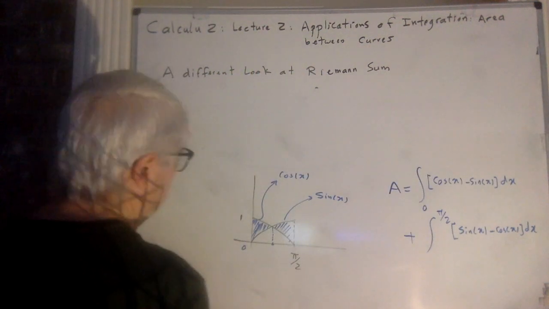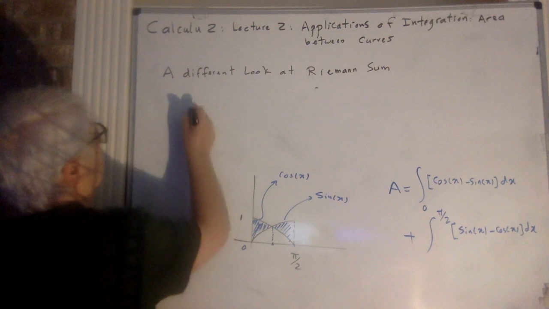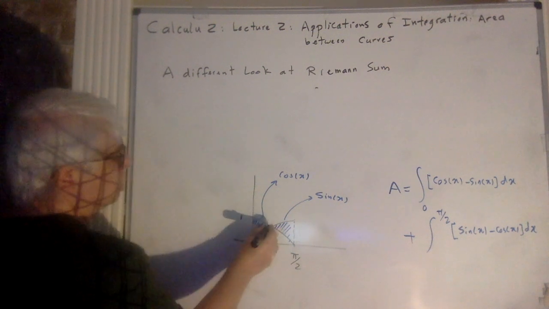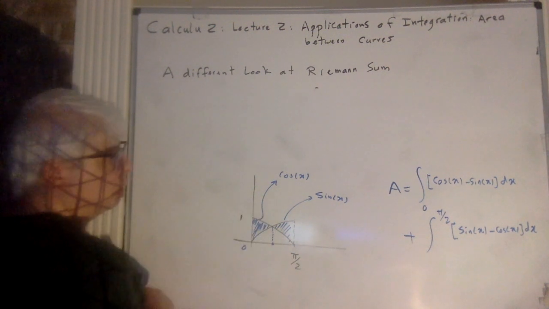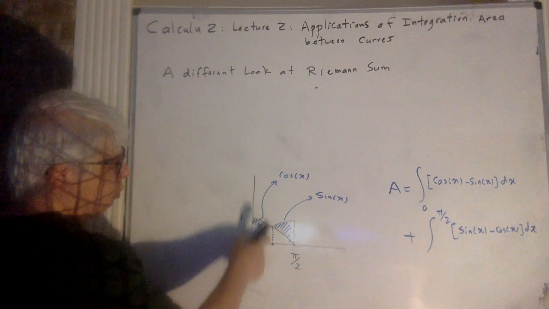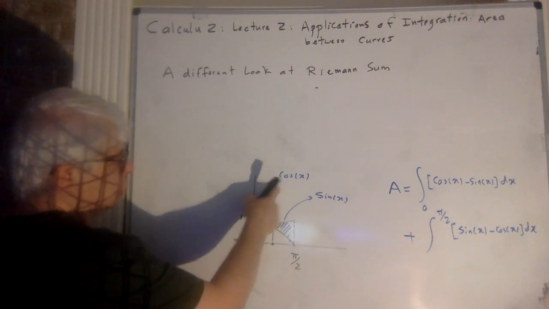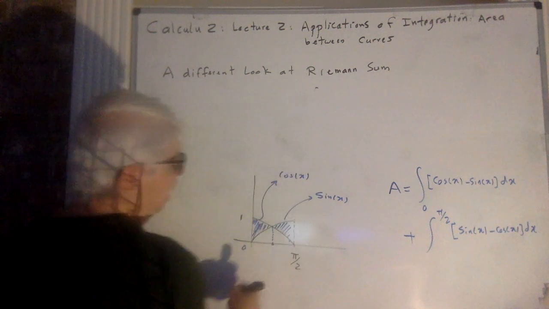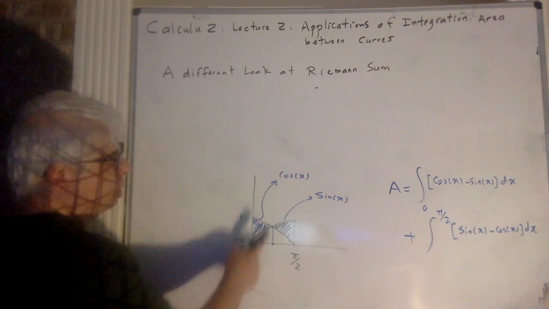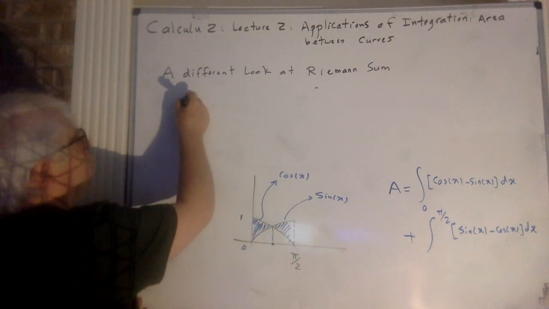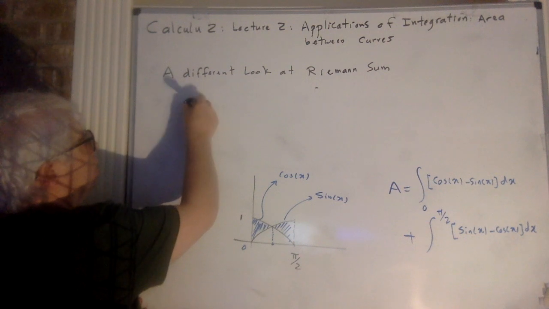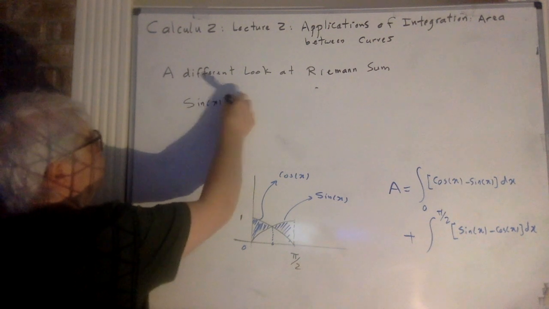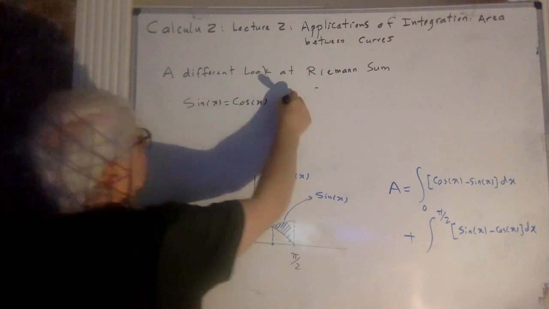You have to know some trigonometry. When you find an intersection, it means the y coordinates are the same, right? So this should equal this. If you set them equal, you will find the x at which the y's are the same. So you set sine x equal to cosine x and solve for x.